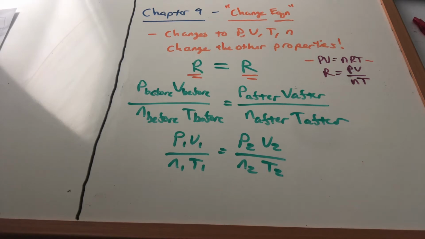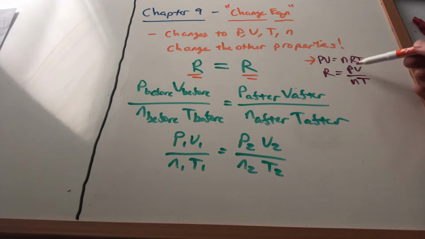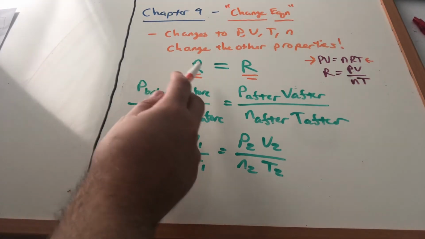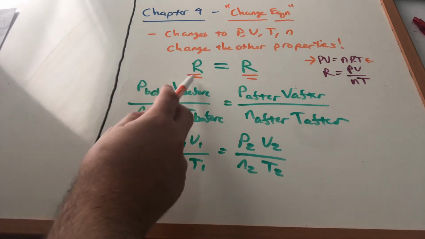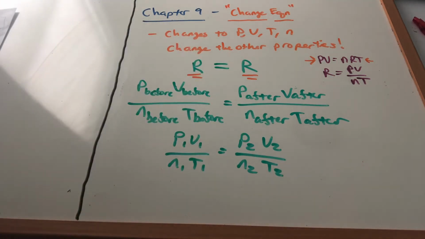That's not really useful on face value until you realize that R is equal to PV over NT. So if I take the ideal gas law and I solve it for R, I have PV over NT. So R before the change is equal to R after the change.